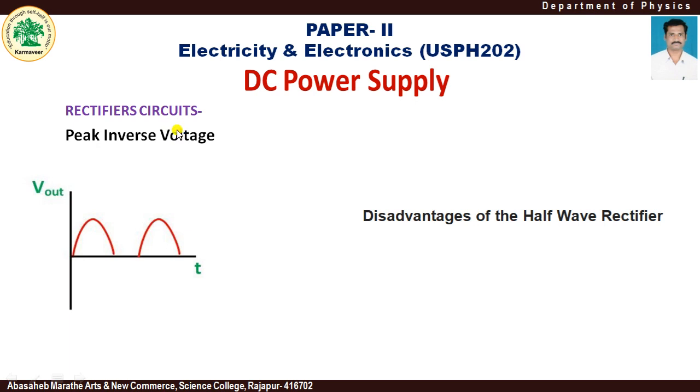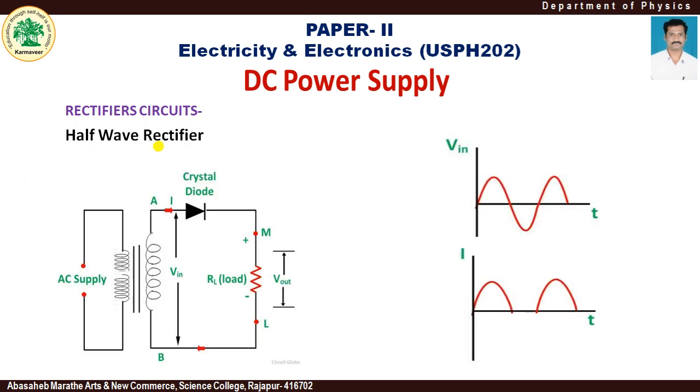The maximum value of reverse voltage across the diode during a negative half cycle of input voltage is Vm.